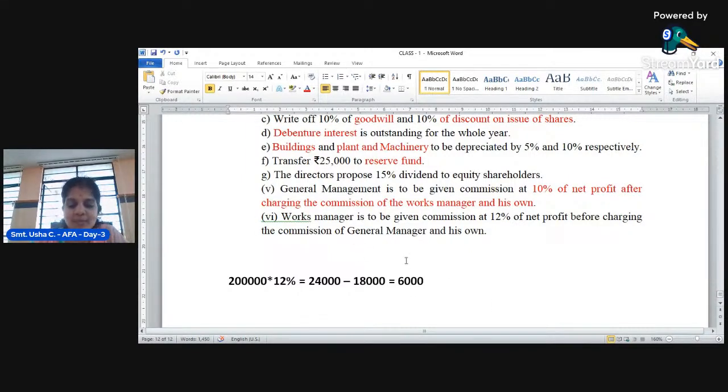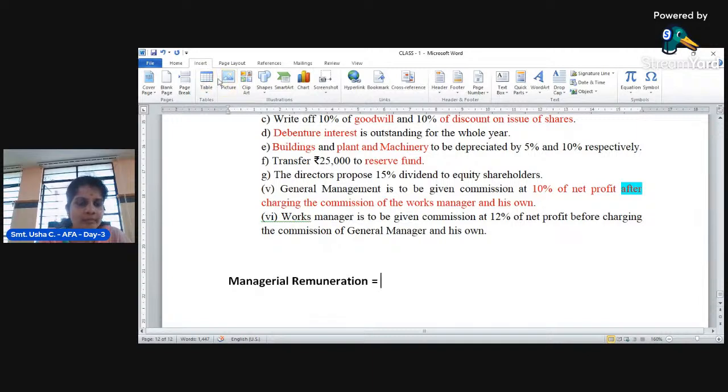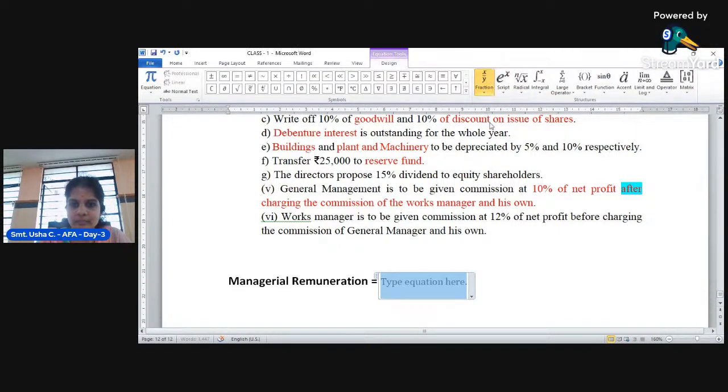So for the calculation of managerial remuneration, in case they are given this, like after charging commission on the profit, after charging an expenditure, what we have to do here, we use a formula like this: percentage of commission.